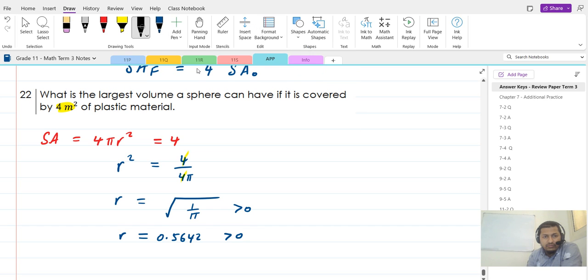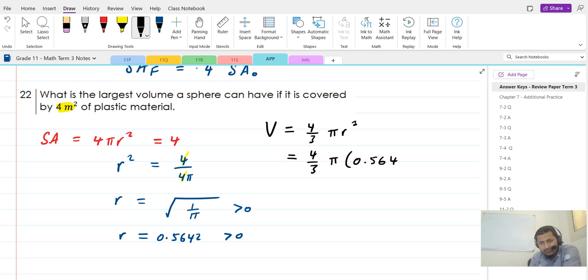So volume is now equal to 4 over 3 pi r cubed. We already have the radius, so 4 over 3 pi times 0.5642 to the power 3.